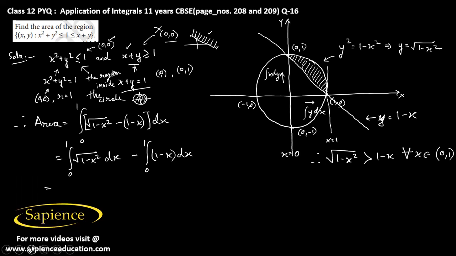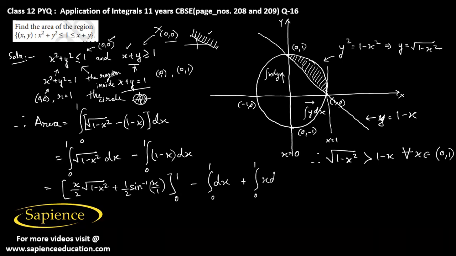We can see that the integral of square root of 1 minus x squared is (x by 2) square root of 1 minus x squared plus (a squared by 2) sine inverse (x by a), going from 0 to 1, minus the integral of dx from 0 to 1, and minus times minus is plus, so plus the integral from 0 to 1 of x dx.